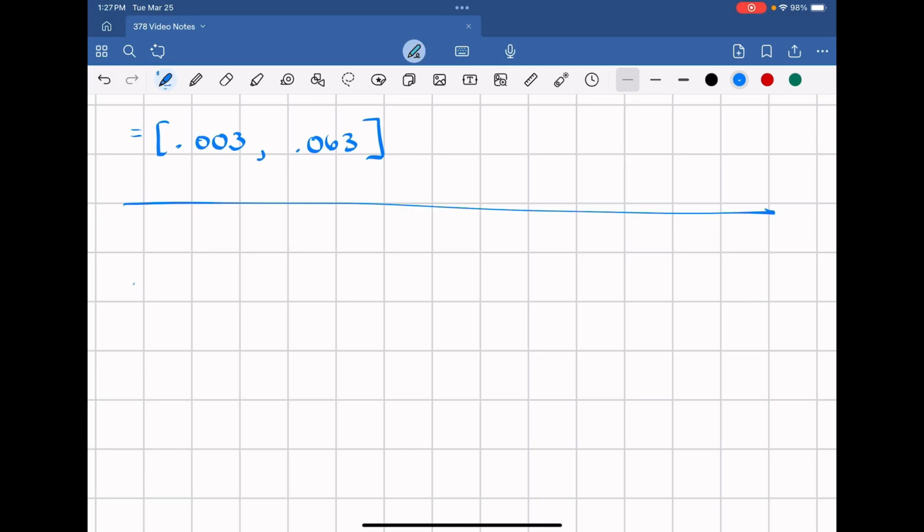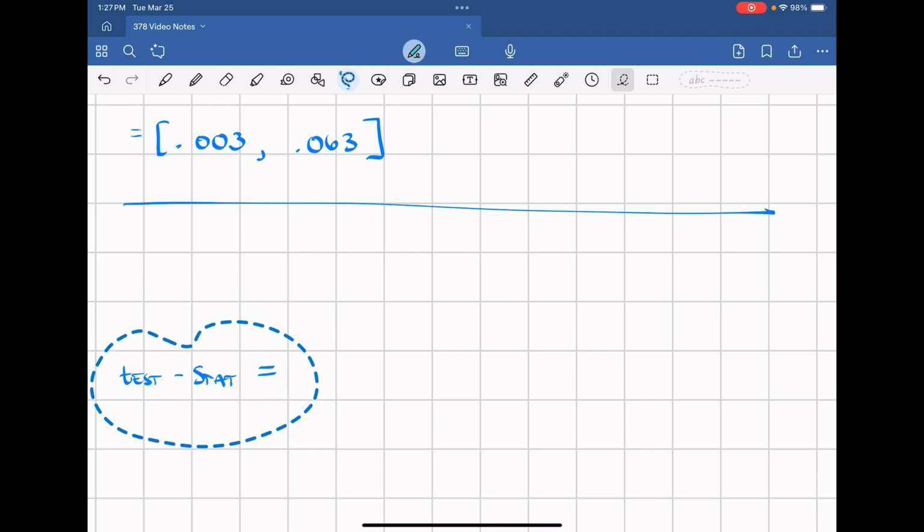So we can set this up as our test statistic. Let's start with our null hypothesis.